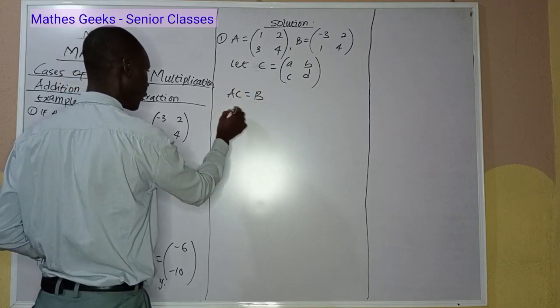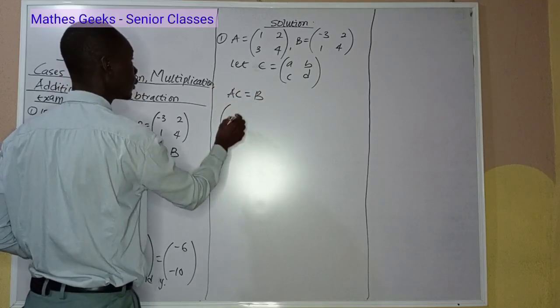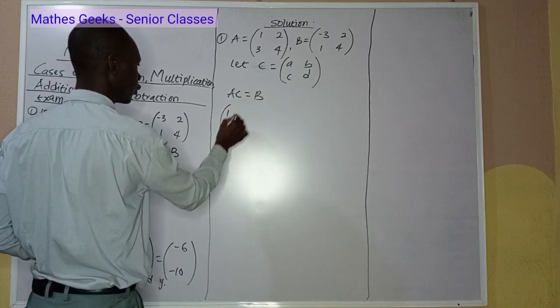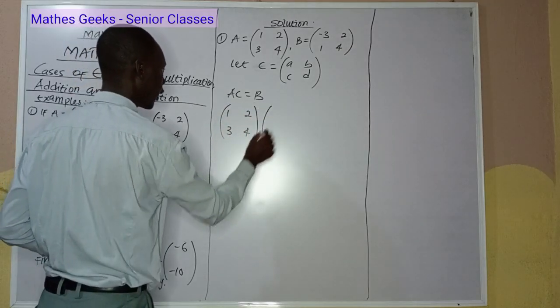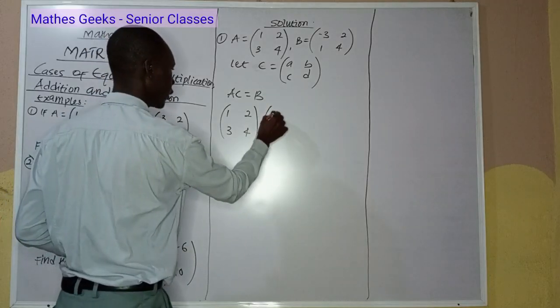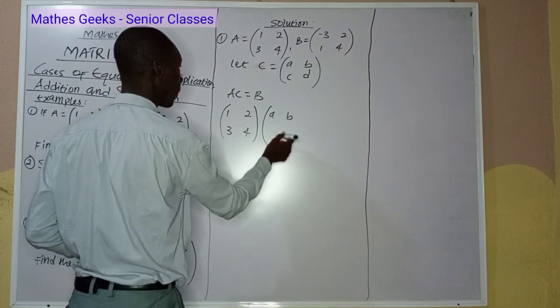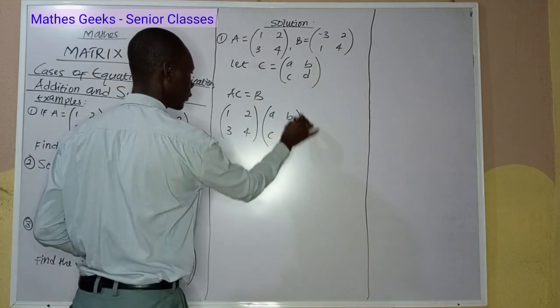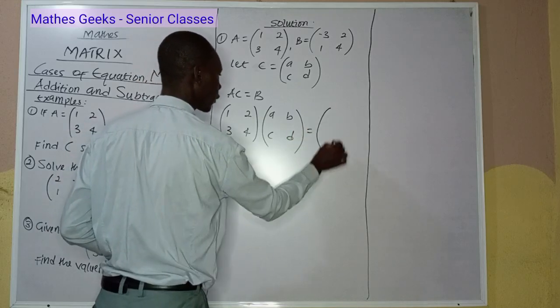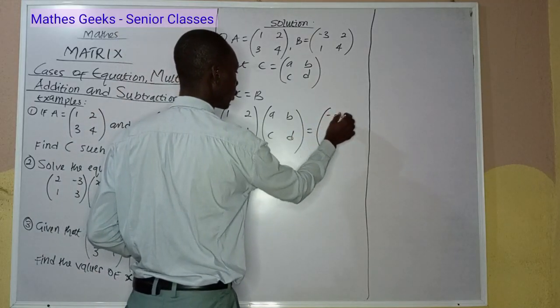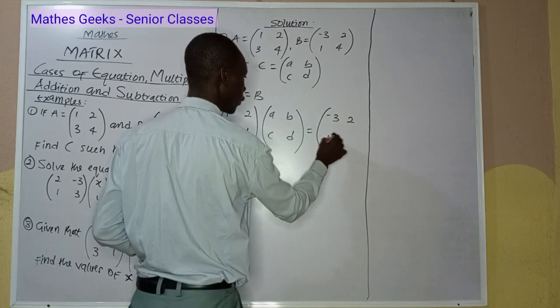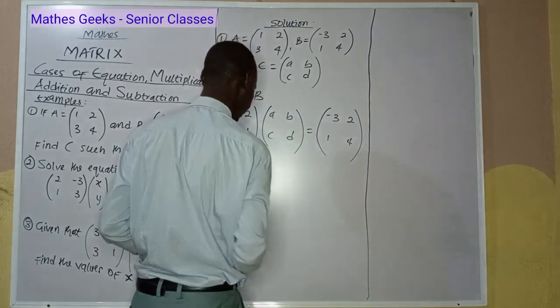So we're going to say our A is 1, 3, 2, 4, and our C is a, b, c, d, and we were told that matrix B equals minus 3, 2, 1, 4.